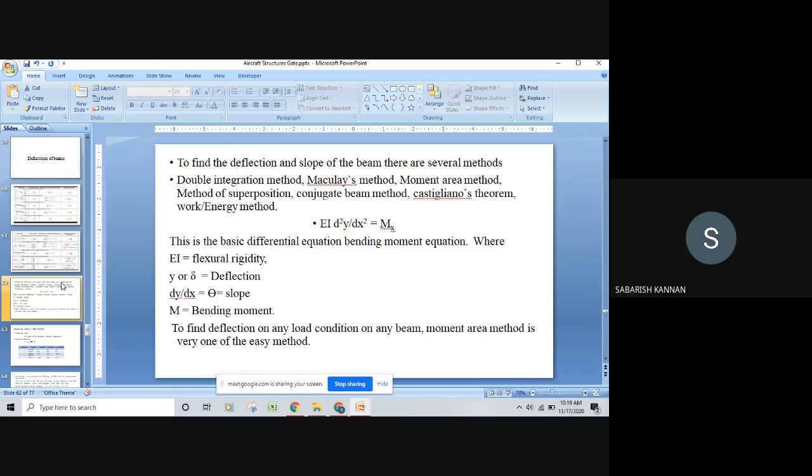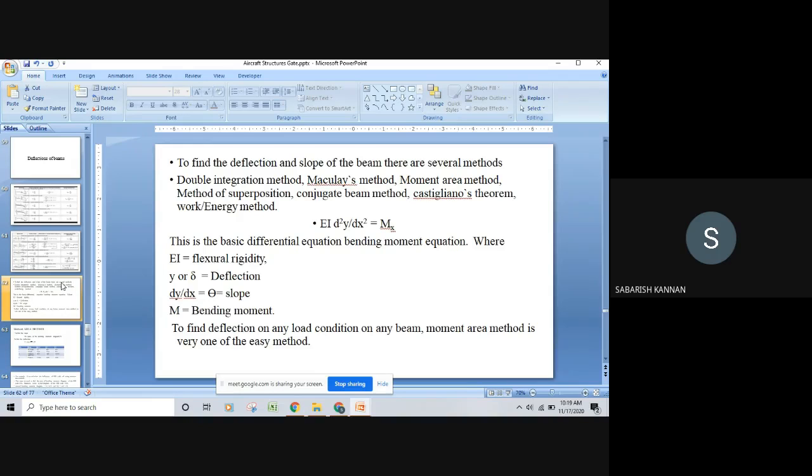All the deflections and slopes come from the basic equation EI d square y by dx square equal to M x, as I told before. EI is the flexural rigidity, y or del is the deflection, dy by dx or theta gives the slope, and M is the bending moment.